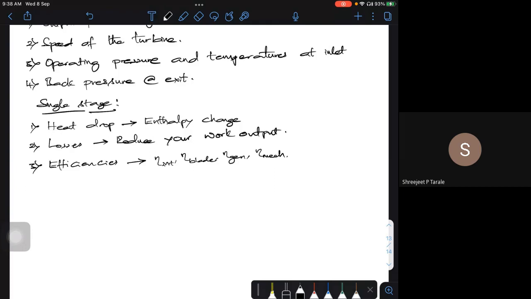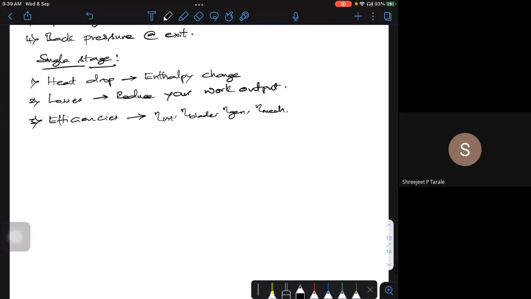Once you are able to do these simple preliminary calculations, I need to calculate the mass flow rate that is flowing in the turbine. So that is your m dot.